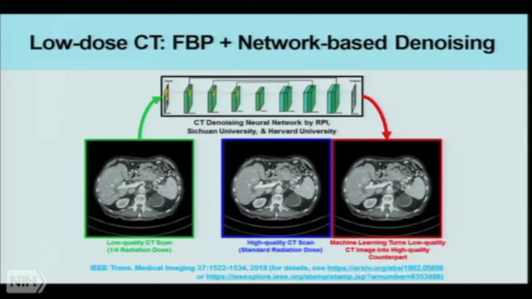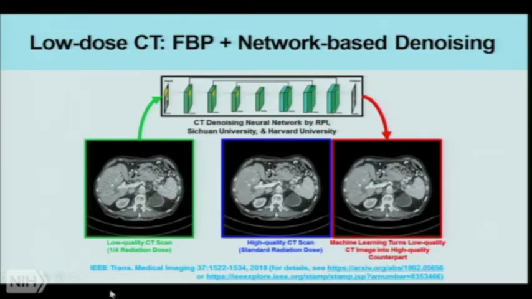And this is a low-hanging fruit. With machine learning algorithms, and neural networks in particular, we can map quarter dose CT slices all the way to a denoised result, in good agreement with the full dose counterpart.